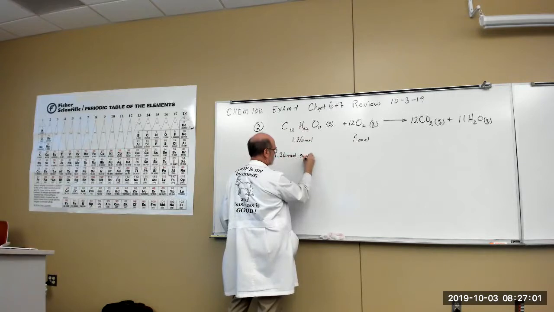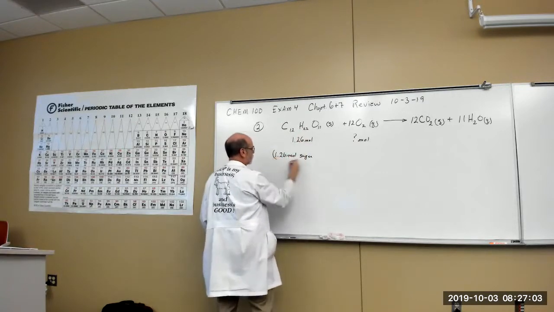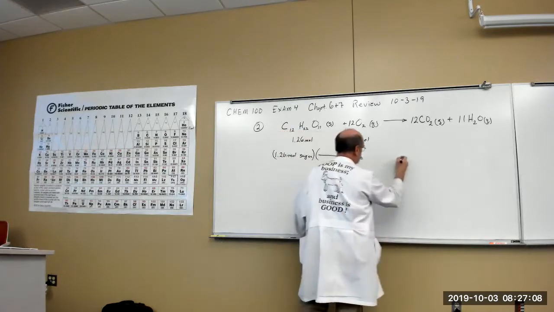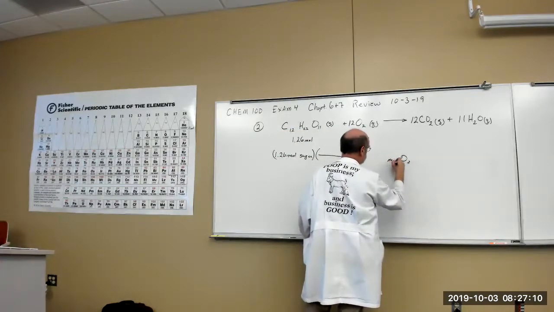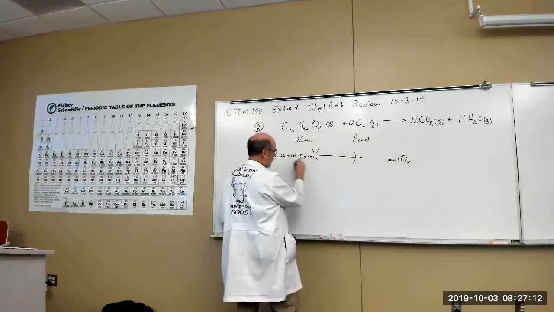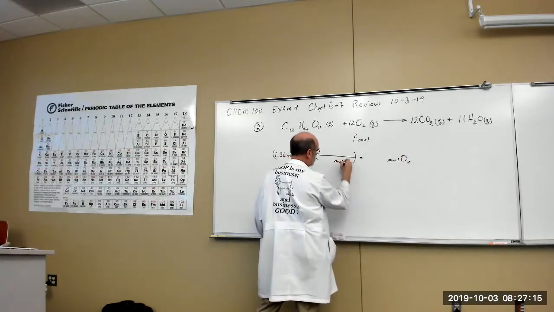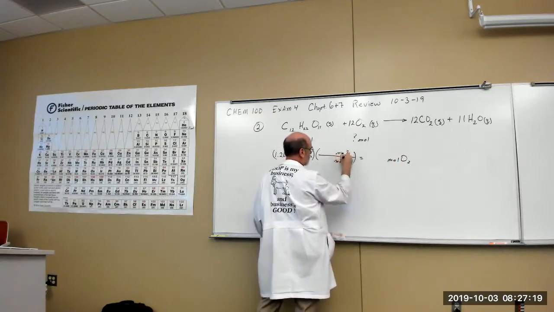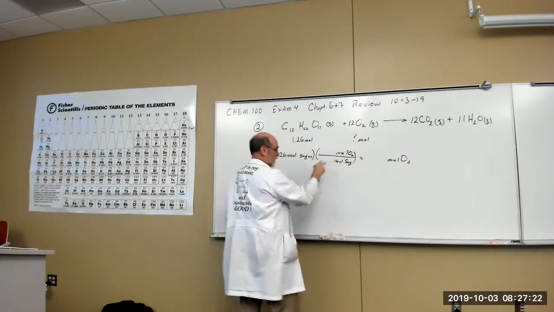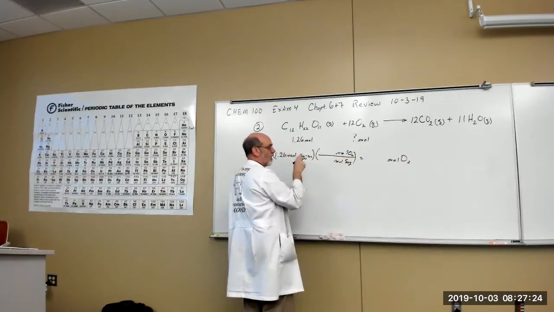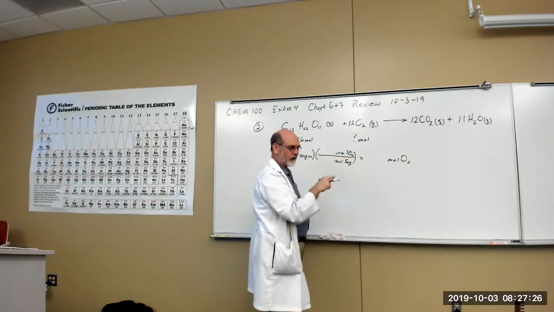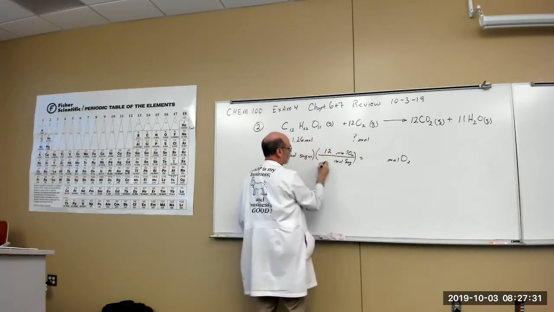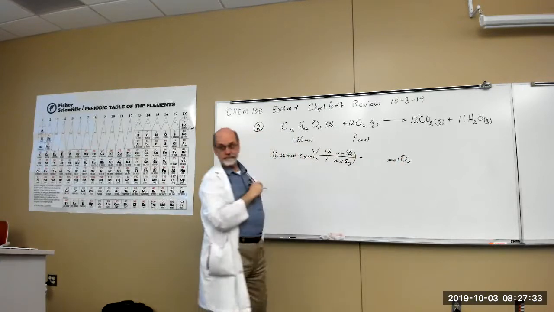I'll just call sugar, rather than writing that whole thing out. Now we need to find out oxygen. That's where we're headed, moles of oxygen. So we got to cancel moles of sugar and leave us with moles of oxygen. The numbers that go in here are derived directly from the coefficients. 12 oxygens, 1 sugar, right?